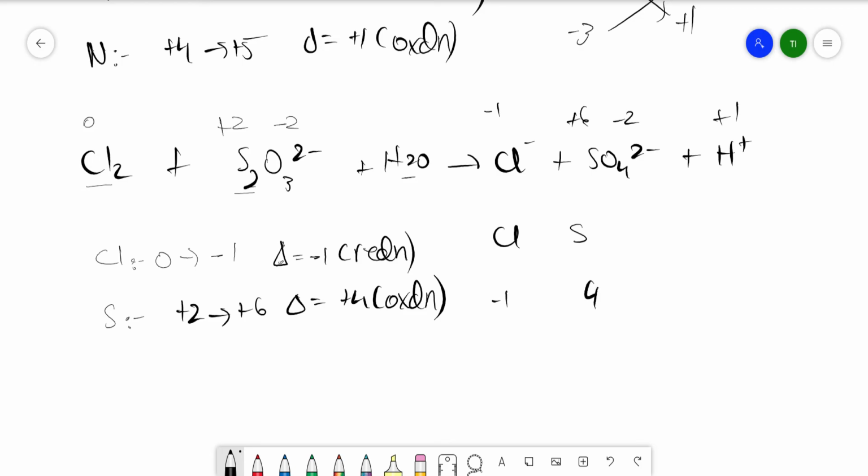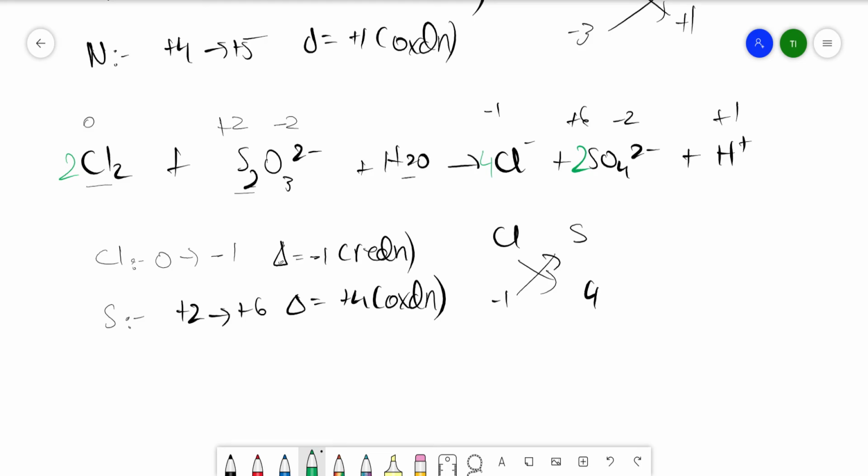And then you cross multiply between these. So 4 becomes 4 here. So sulfur, no, sorry, sulfur doesn't become 4. Chlorine becomes 4, right? So 4 chlorine, so that's 2, right? And there's 2 sulfur here, so 2, right?